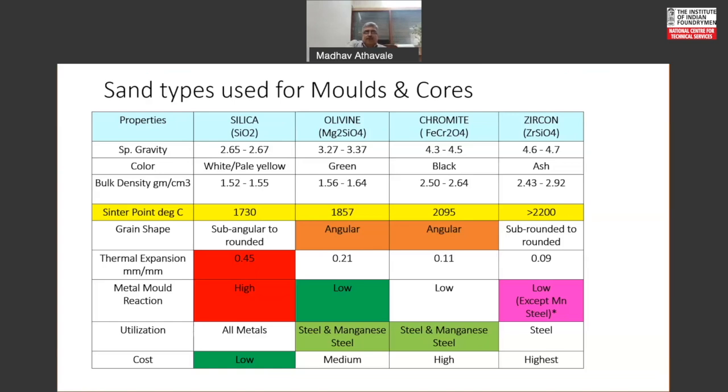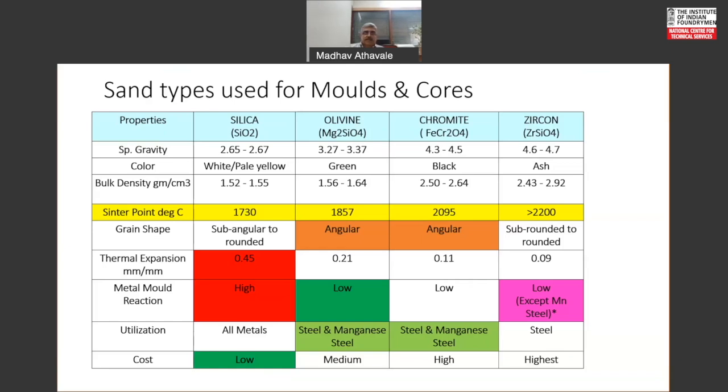I'm not going to go through the rest of the properties. All that I am saying is, as you move from silica to olivine to chromite to zircon, the density keeps on increasing. Specific gravity increases. Bulk density also increases. Very importantly, sinter point also increases, from 1730 for silica to around 1860 for olivine, to about 2000 for chromite and about 2200 for zircon.